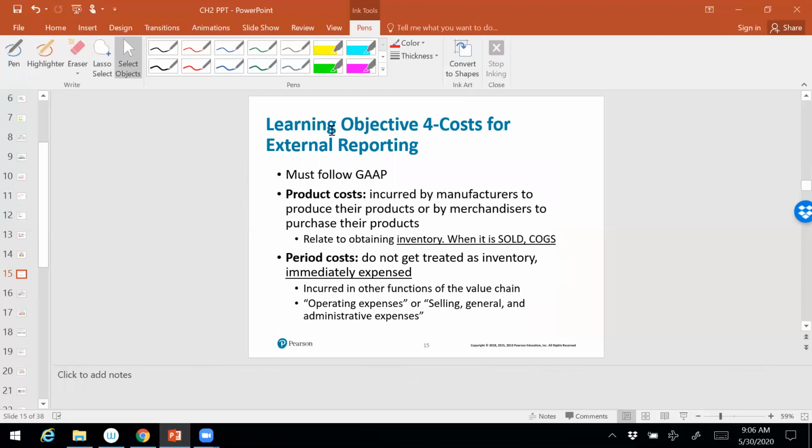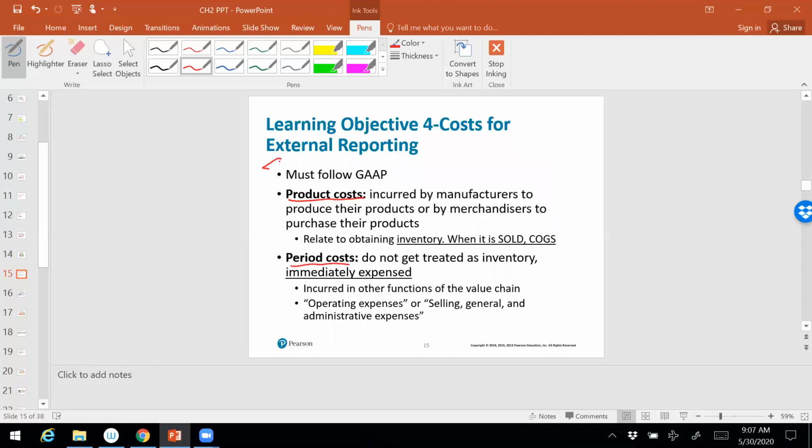Okay, next one, let's see, what do we have? Next one, learning objective 4. Remember we said learning objectives 3 and 4 just give us different definitions of costs. Now we still talk about the next thing, which is we separate our cost not just into direct cost and indirect, but we also separate into product cost and then period cost.